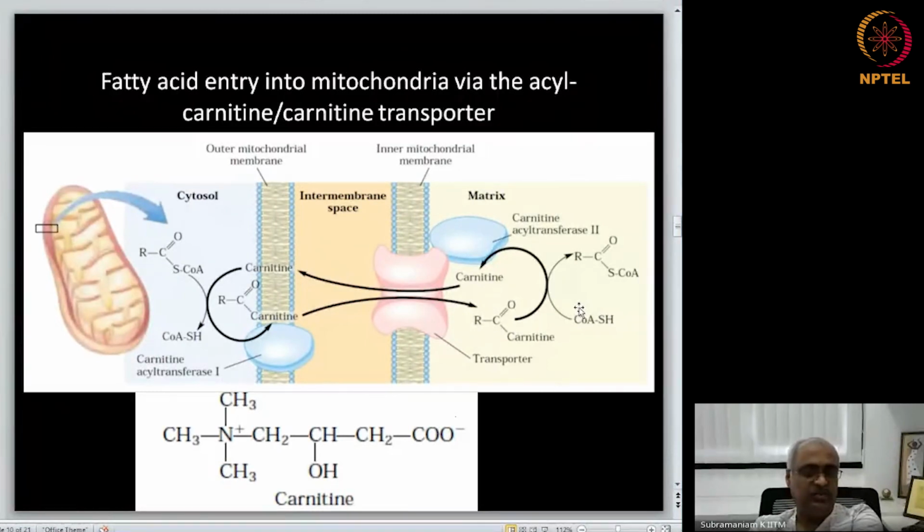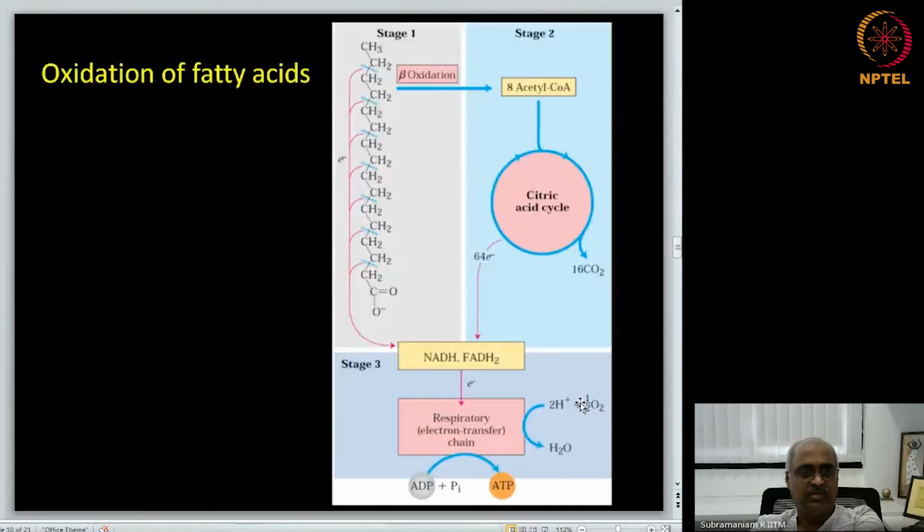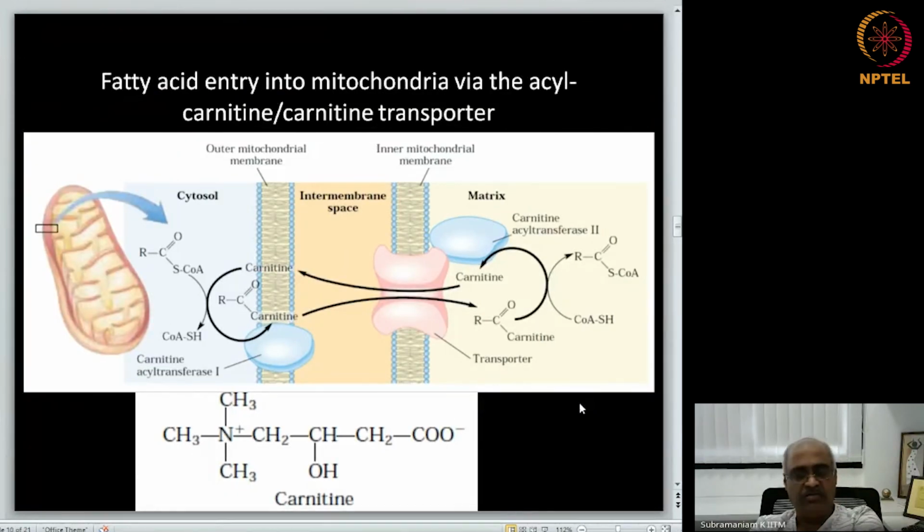So these are two different pools of coenzyme A, but they help via these two transesterification steps in transporting free fatty acids from the cytosol to the mitochondria. And mitochondria is where beta oxidation is going to happen. So that we will discuss tomorrow. I'll stop here, and if you have any questions, feel free to ask now.